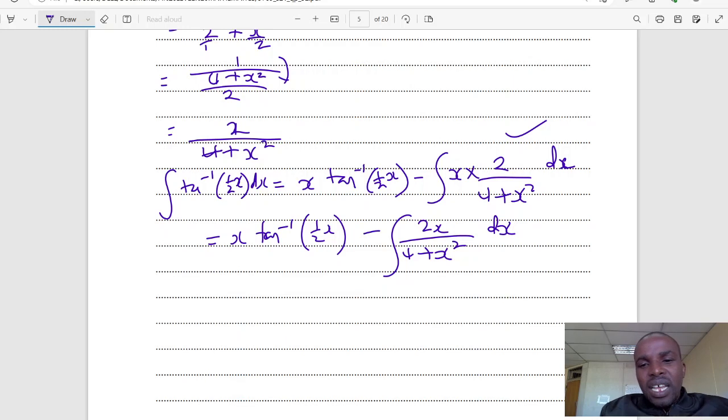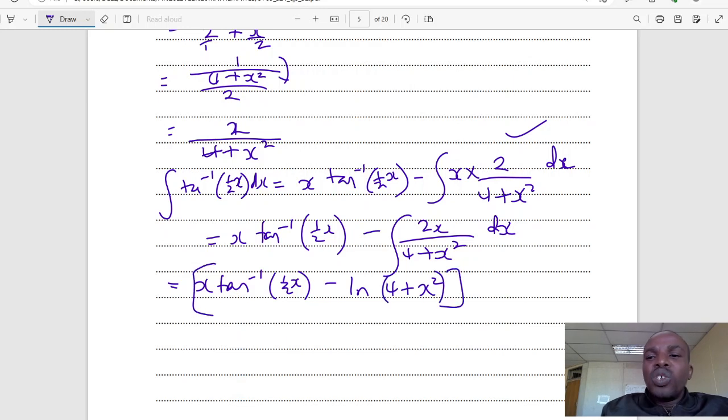Right, I can use integration by inspection, since the numerator is the exact derivative of our denominator. So you can just use ln. So it will be x arctan half x minus ln of 4 plus x squared. Then do we have plus a constant or do we have limits?